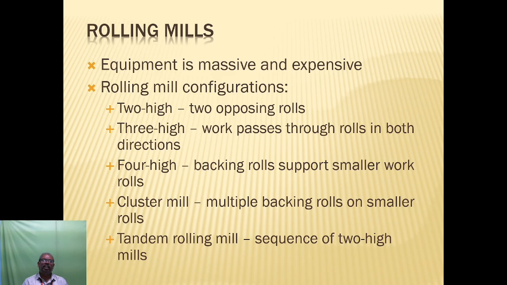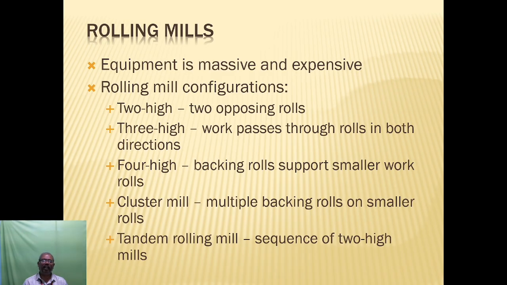Rolling mills. The equipment is massive and expensive. The configurations of rolling mills are 2 high, 3 high, 4 high, cluster mill, tandem rolling mill. In 2 high rolling mill configuration, there will be 2 opposing rolls used for the rolling process.